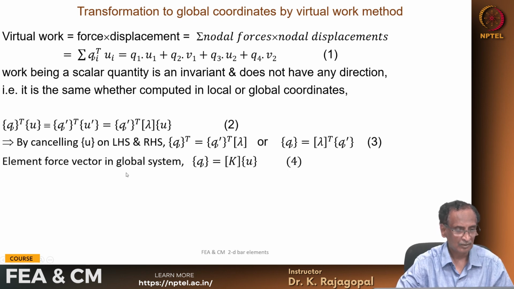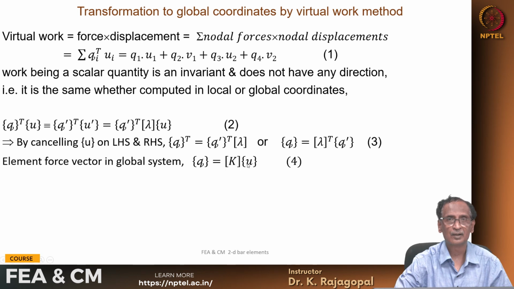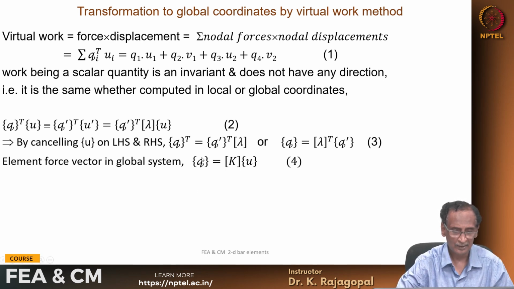And so the element force in the global system is q equal to k times u, where k is the stiffness matrix in the global coordinates, u is the vector of global displacements u and v in x and y directions, and q are the nodal forces in the global coordinates.